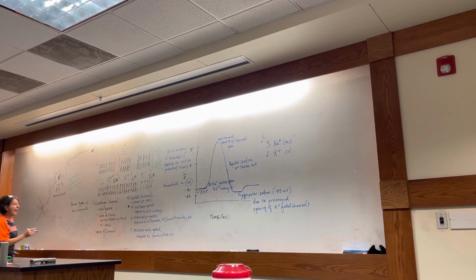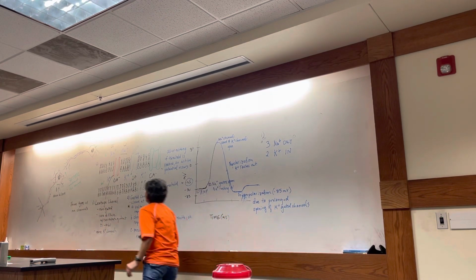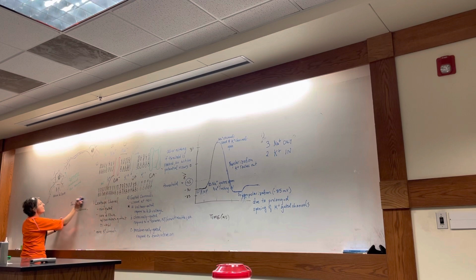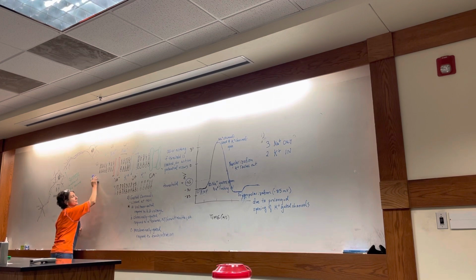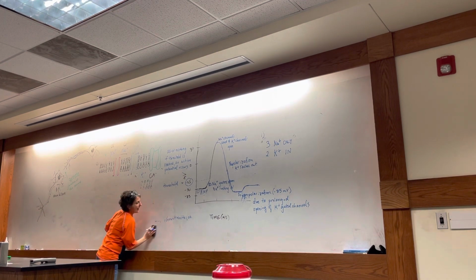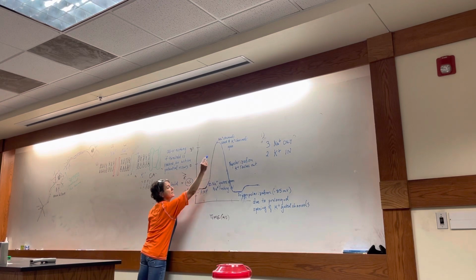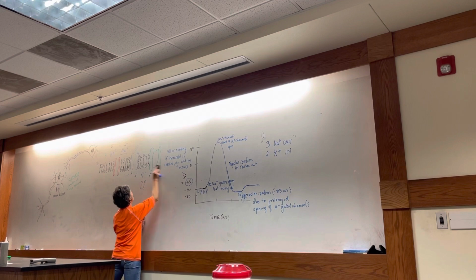Now, why might one signal happen faster than another? Well, there are 2 factors involved for how quickly they happen, in other words, whether this happens in 1 millisecond or 4 milliseconds.